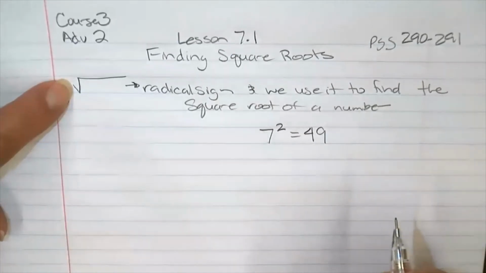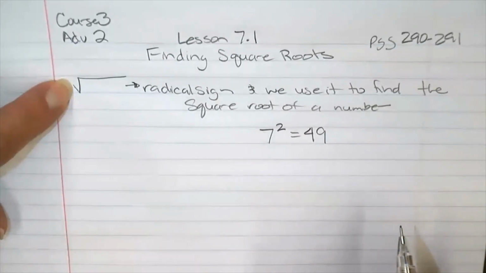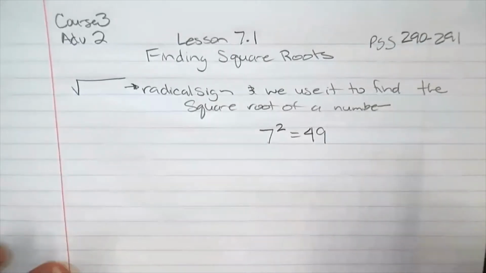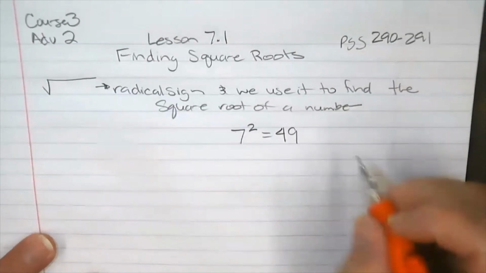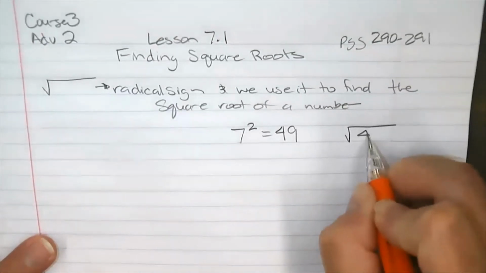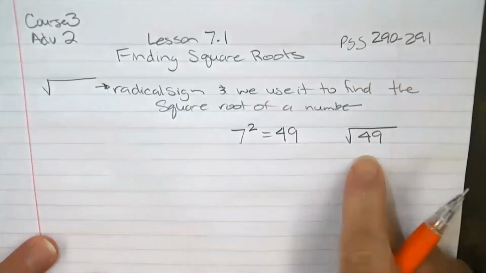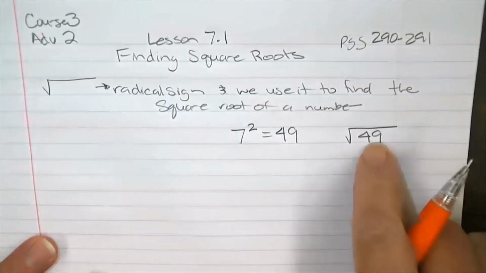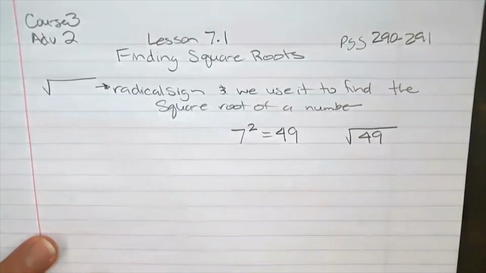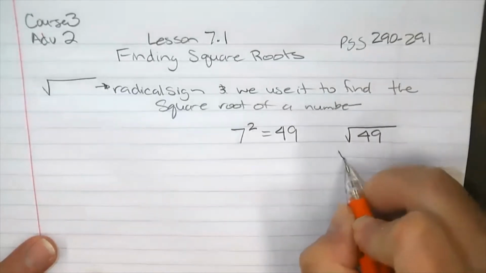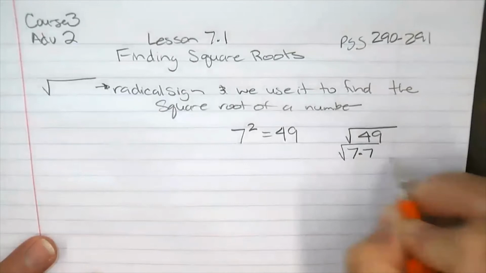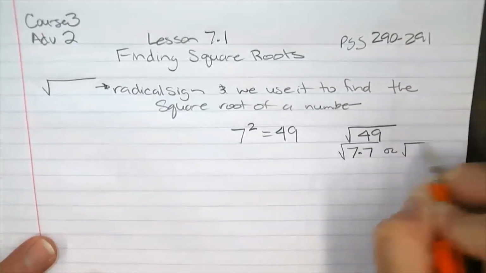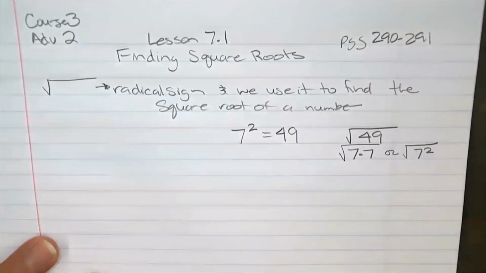So let's talk about when we use the radical sign. We have the radical sign over 49. This means we want to find the square root of 49. So 7 times 7, or 7 squared, equals 49, right?